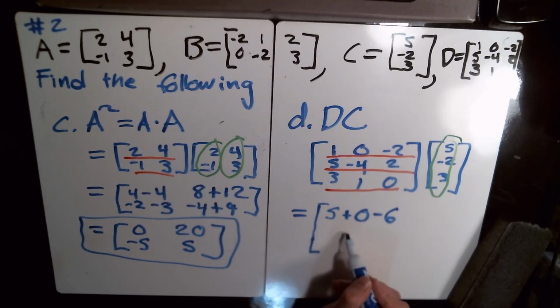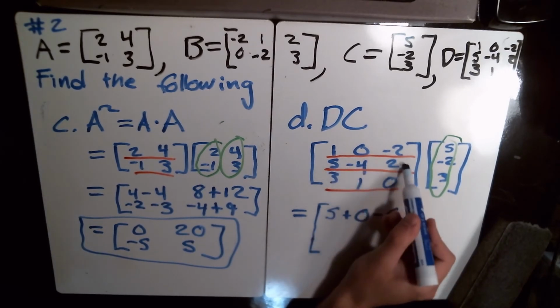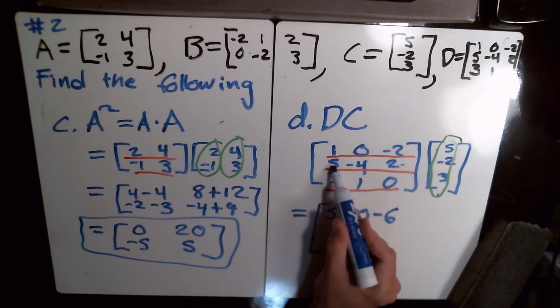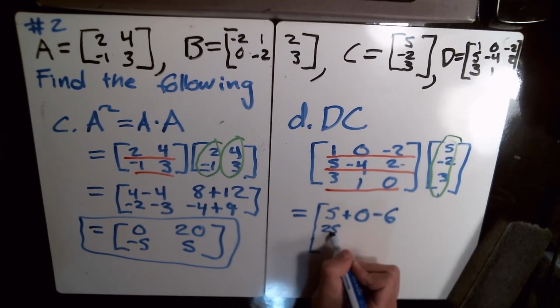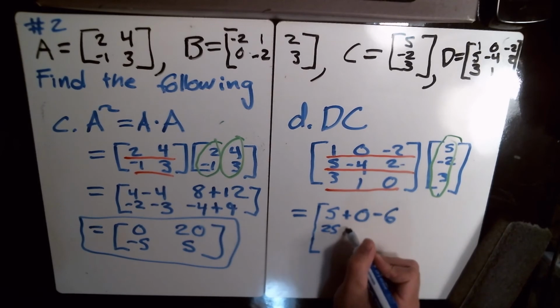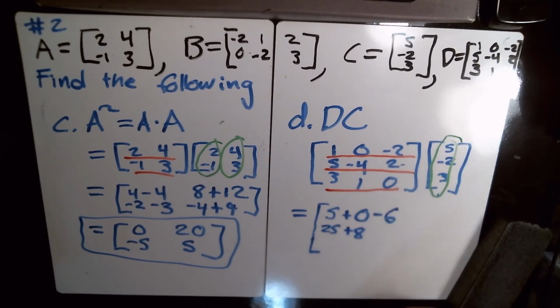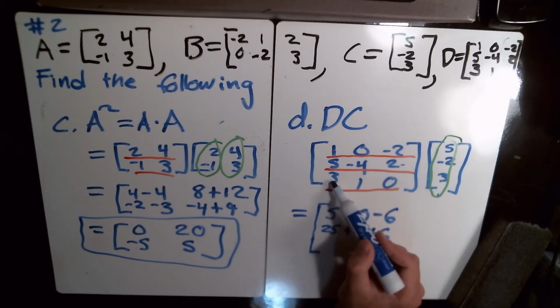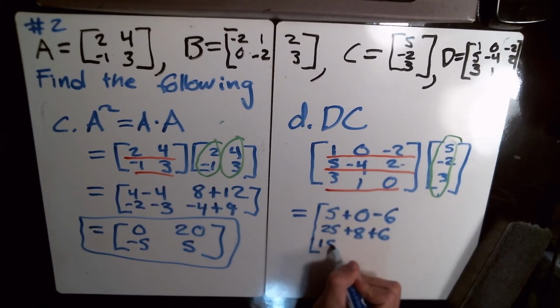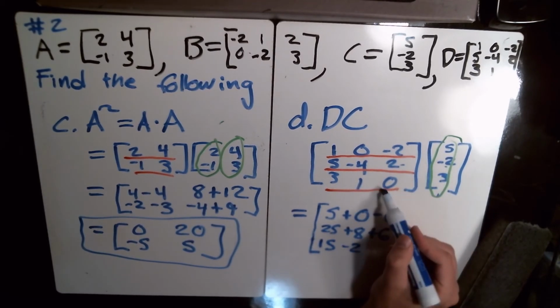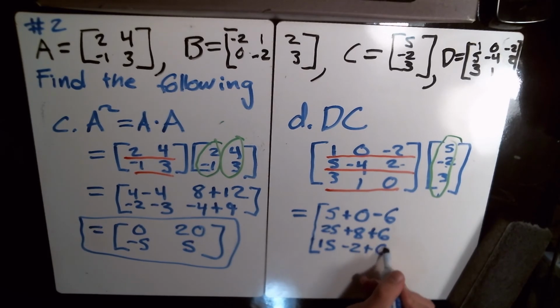Second row, first column: 5 times 5 is 25, -4 times -2 is 8, 2 times 3 is 6. Then 3 times 5 is 15, 1 times -2 is -2, 0 times 3 is 0.